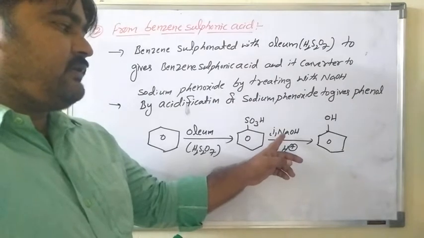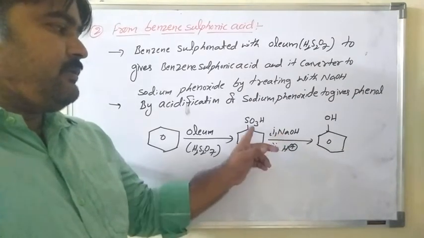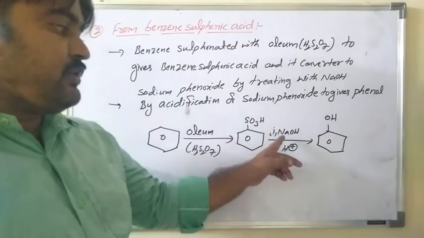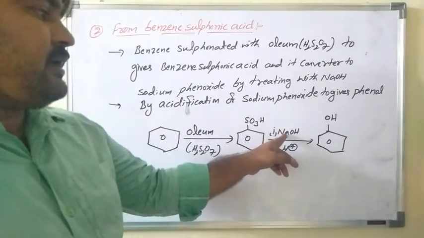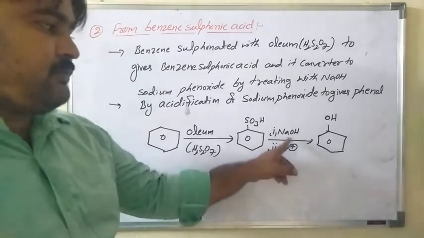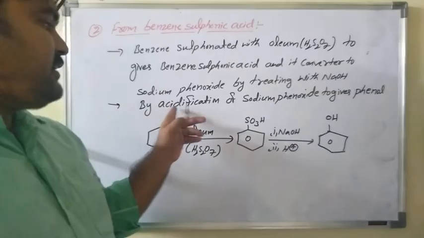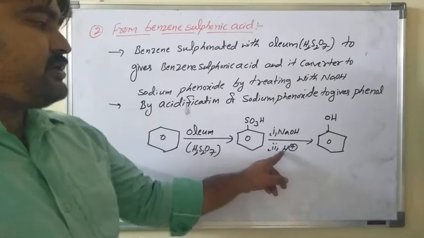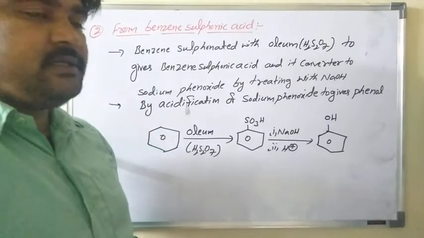Benzene sulfonic acid is converted to sodium phenoxide by treating with sodium hydroxide. Direct step only this is. After formation of sodium phenoxide, acidification gives the phenols. Is it clear?